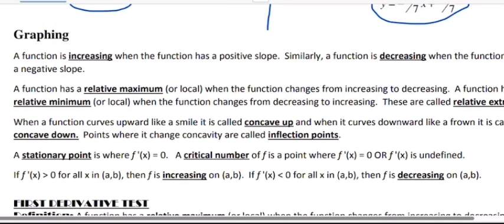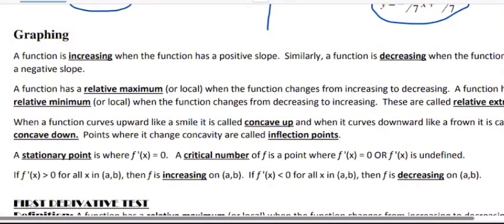Another thing you need to understand is some basic fundamentals. How do we define if a function is increasing with respect to slope, and when it is decreasing with respect to slope? When a function has a positive slope, then that function is increasing, and when it has a negative slope, then it is decreasing. Another thing we can talk about is relative maximum.